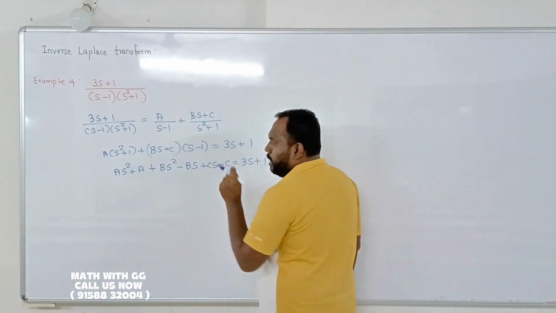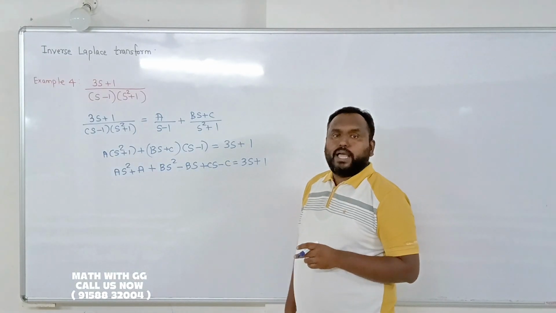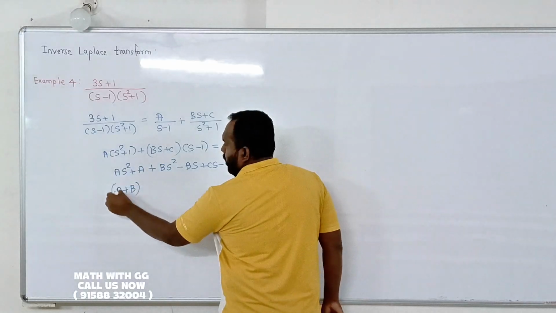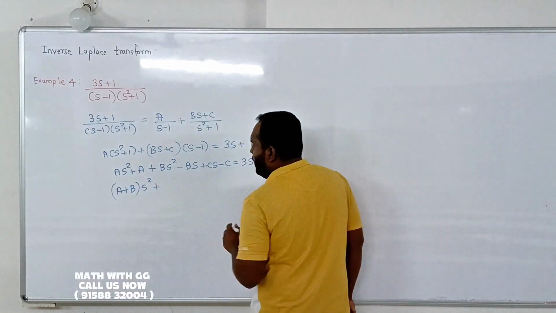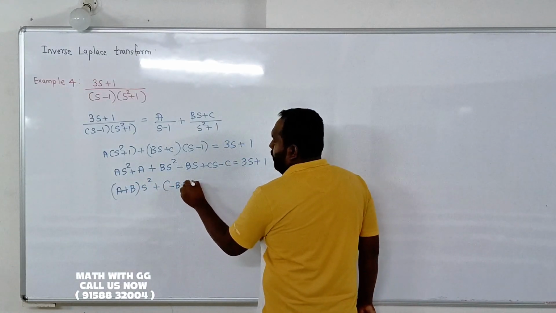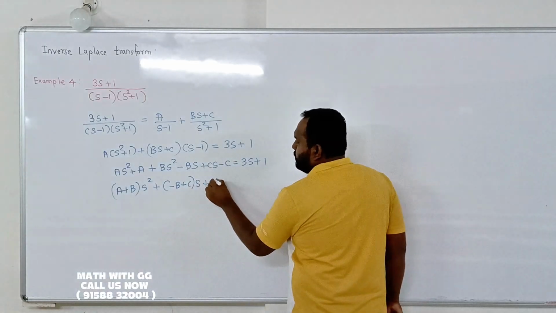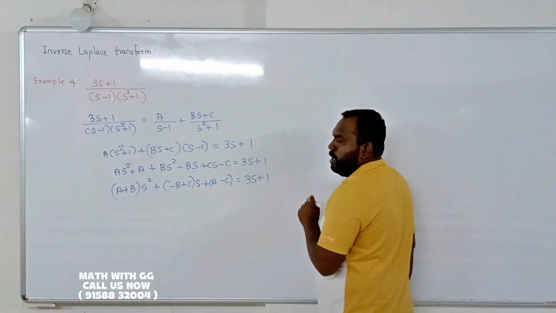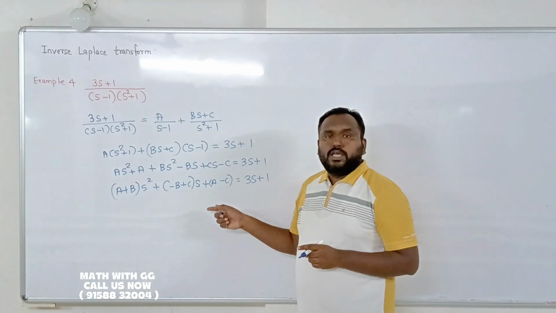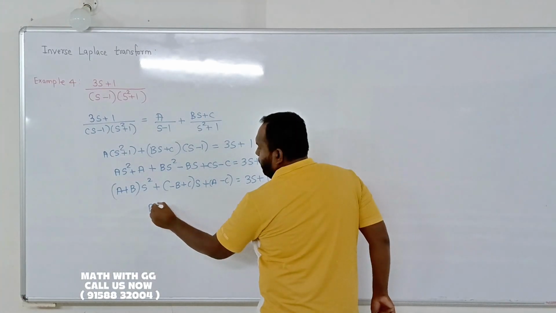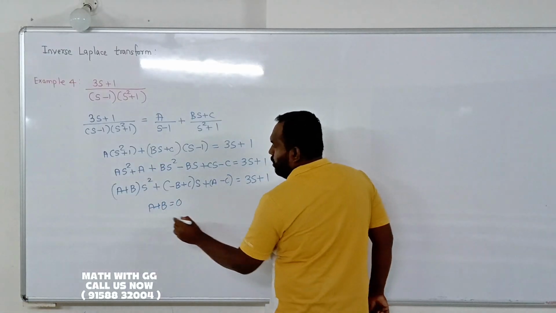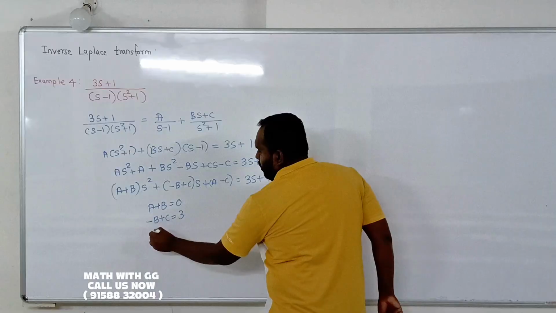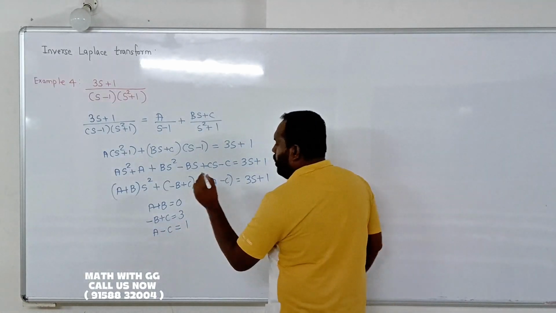Combining the coefficients of s square, s and constant, (a plus b) into s square plus (minus b plus c) into s plus (a minus c) equal to 3s plus 1. Now, equating the coefficients, we get a plus b equal to 0, minus b plus c equal to 3, and a minus c equal to 1.